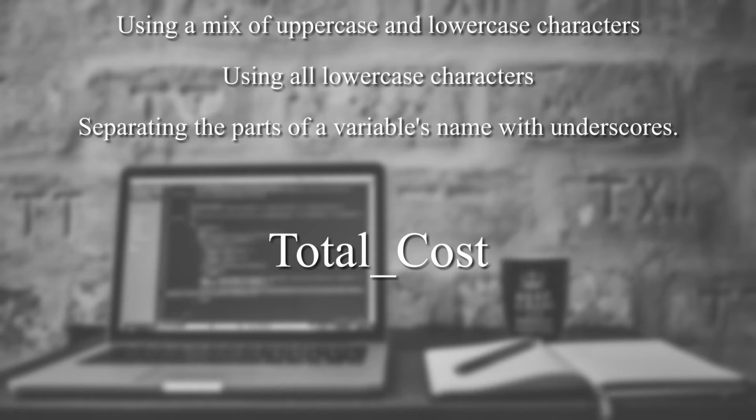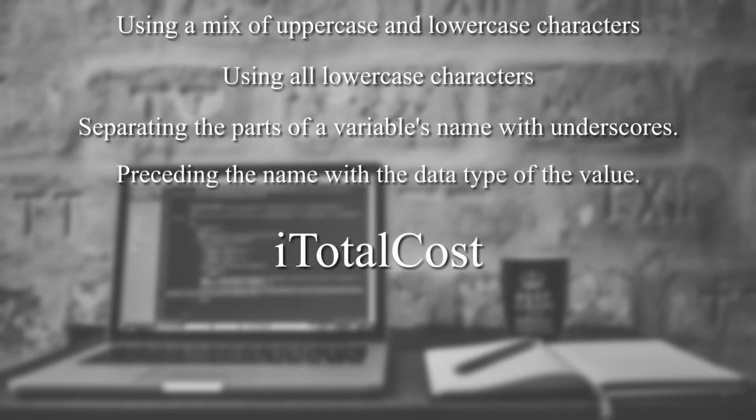The last one that I would suggest here, number 4, is preceding the name of each variable with a lowercase letter representing the type of data that's in that field, like if it's numeric, an I for integer, or a D for double, or an L for long.